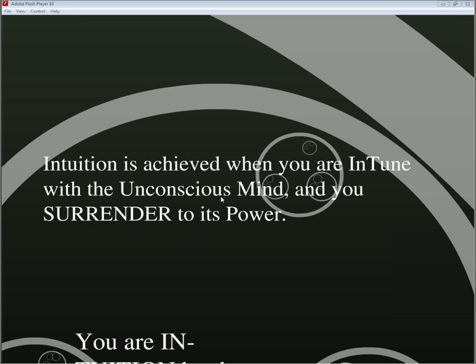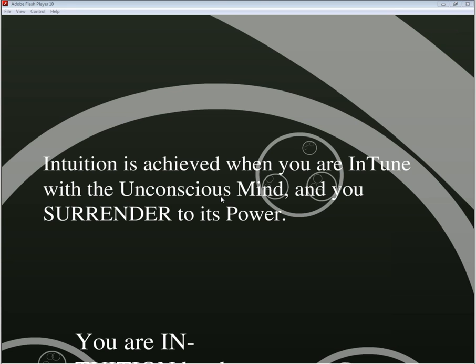Right, good. So, intuition. Intuition is achieved when you are in tune with your unconscious mind and you surrender to its power. I often talk about your unconscious mind being a hell of a lot more powerful than your conscious mind.